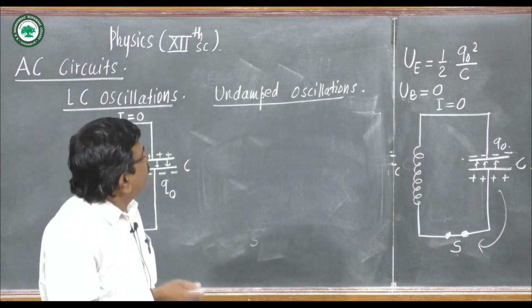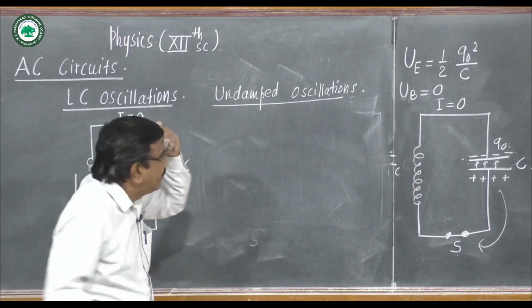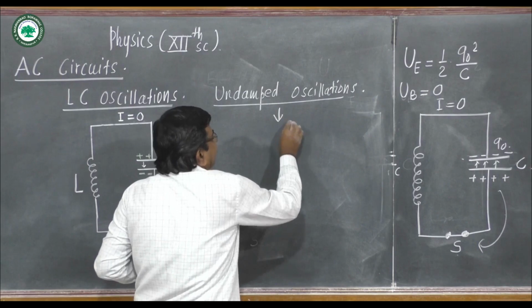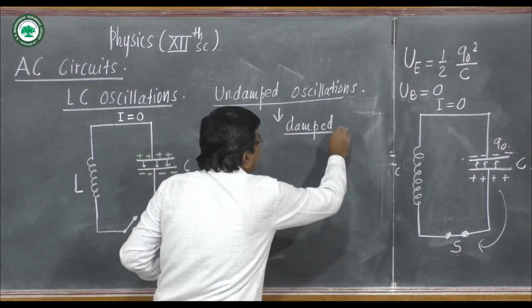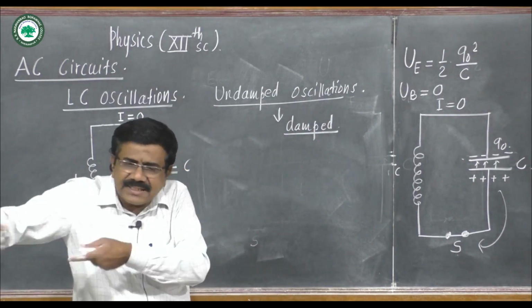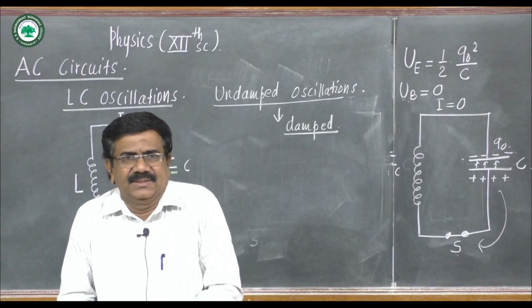However, LC oscillations generally are not undamped, but damped. Damped oscillations means the amplitude of the oscillations goes on decreasing with time, and finally the oscillations die out.